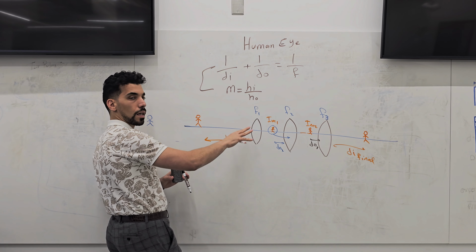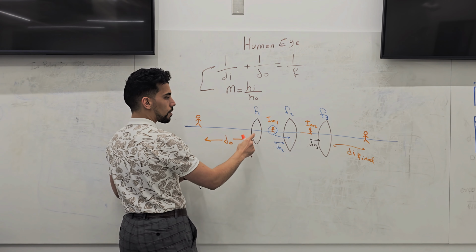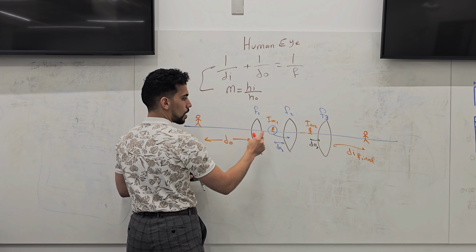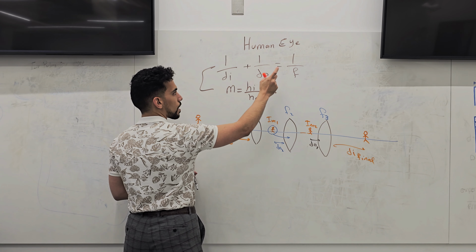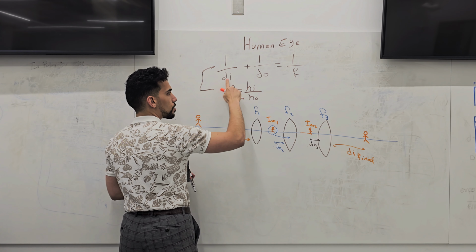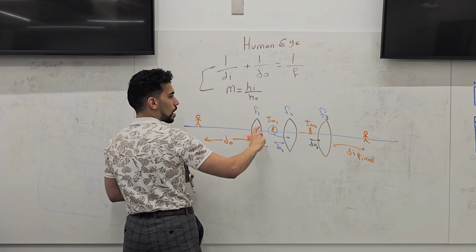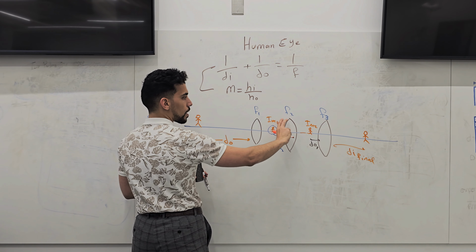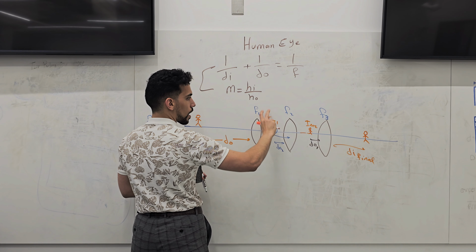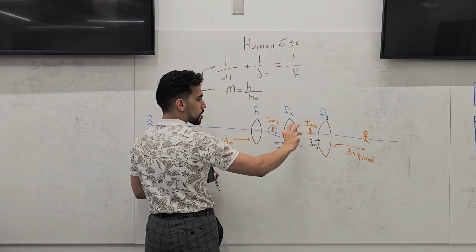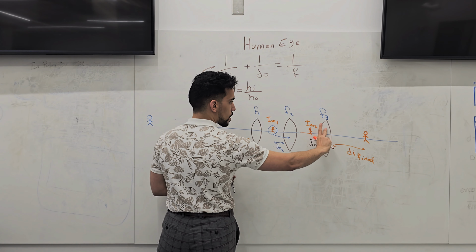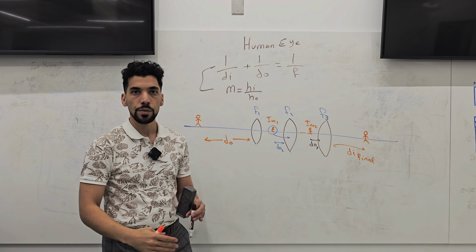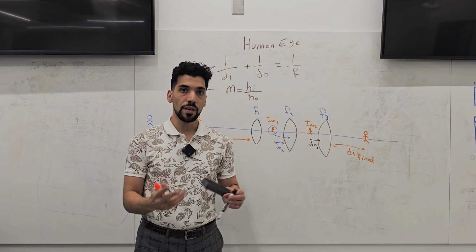So when you deal with a system of lenses, you need to deal with one by one. Find the distance of the image and the height of the image, then use this as the new object for the next lens. Then get the outcomes, and use them as a new object for the third lens. I hope you got how to deal with different lenses.